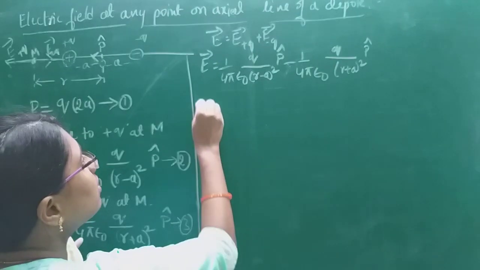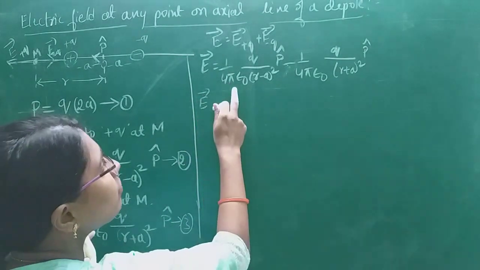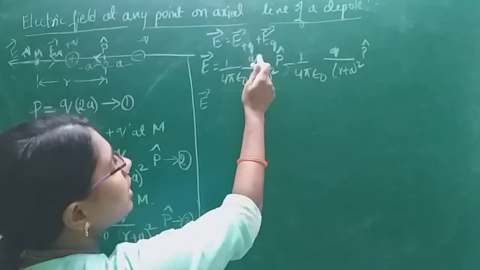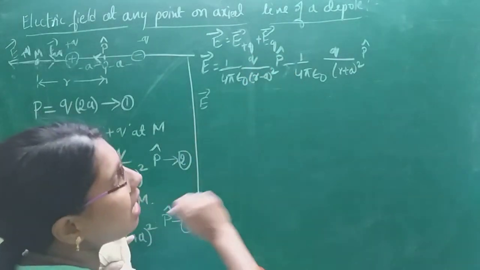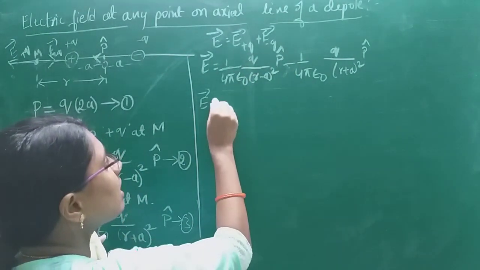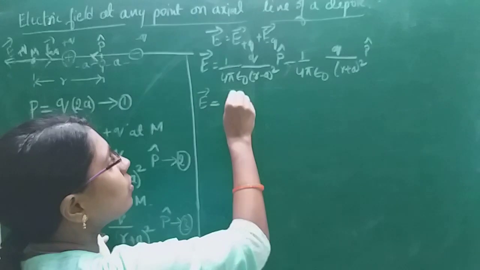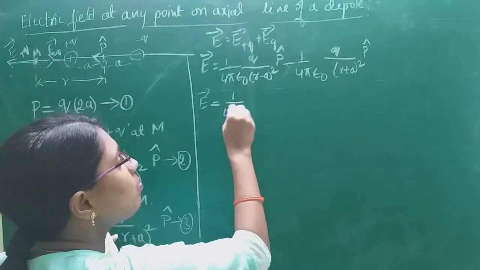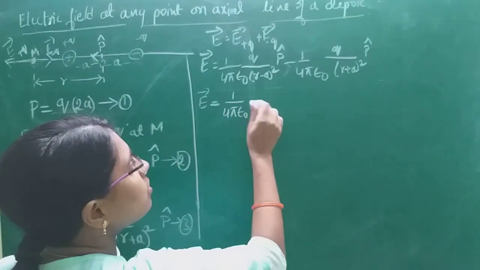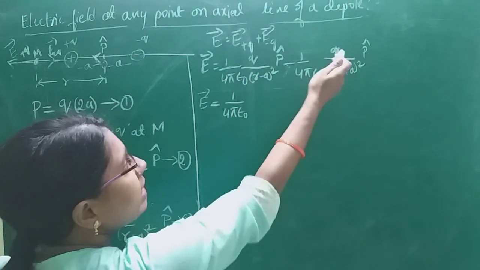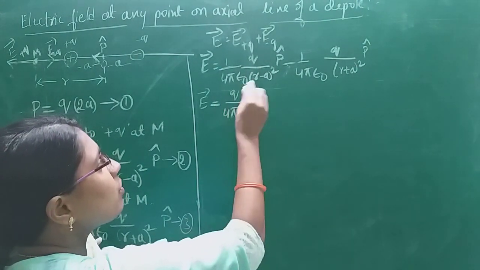Now here we can take 1 by 4 pi epsilon naught into Q and P cap as common. So we can write vector E is equal to Q by 4 pi epsilon naught.